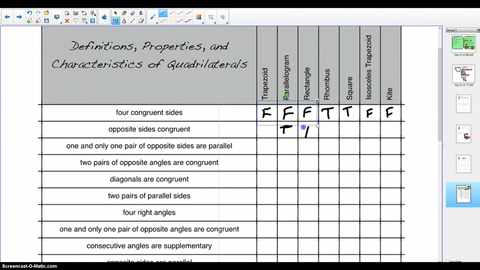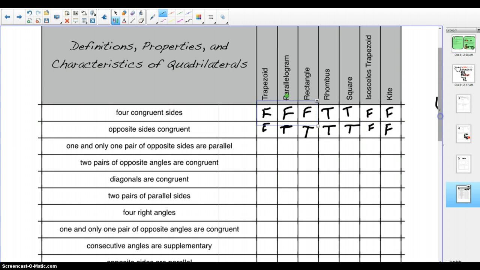And because a rectangle is a parallelogram, as well as the rhombus and square, all 4 of those are a type of parallelogram. So those are all true, and the rest are false.